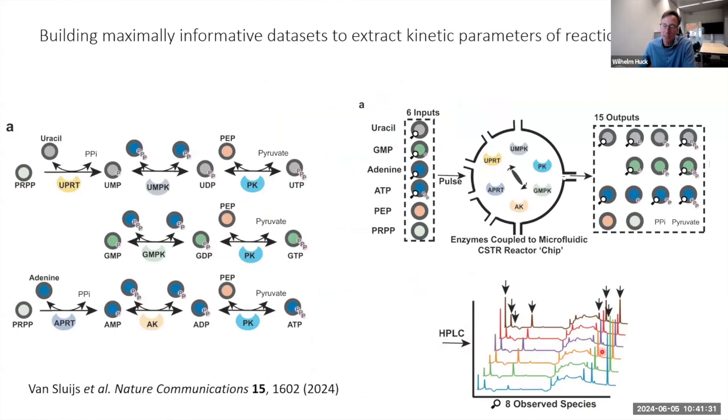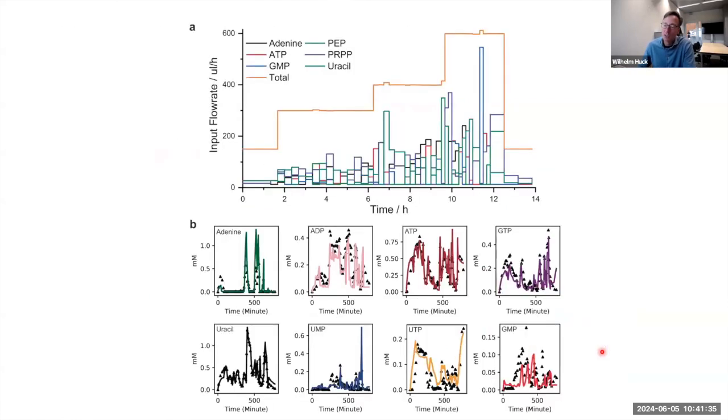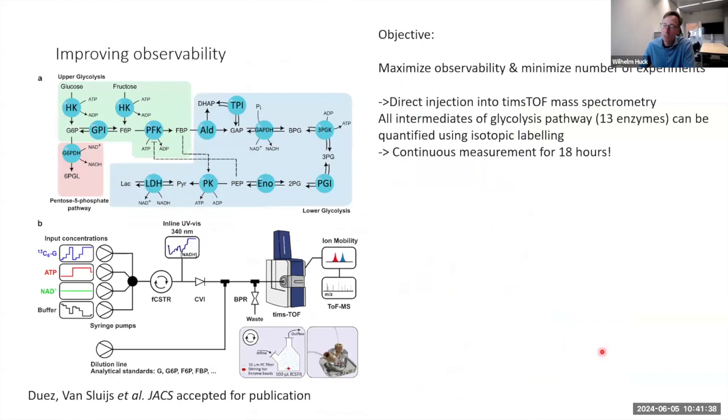It is good enough to predict the overall dynamics of the network, but you don't get a perfect fit. And so what we find when we go to quantitative mass spec is that you can see more species in your network and your predictability becomes better.